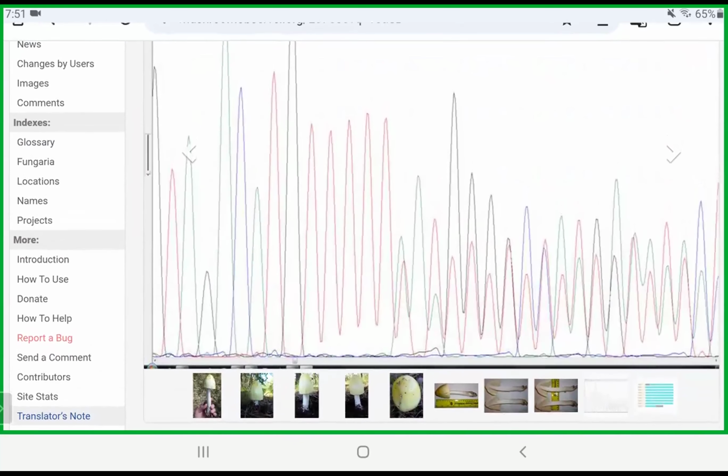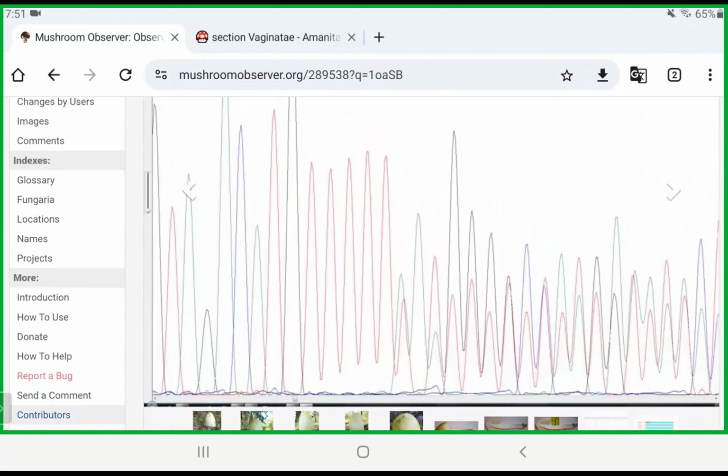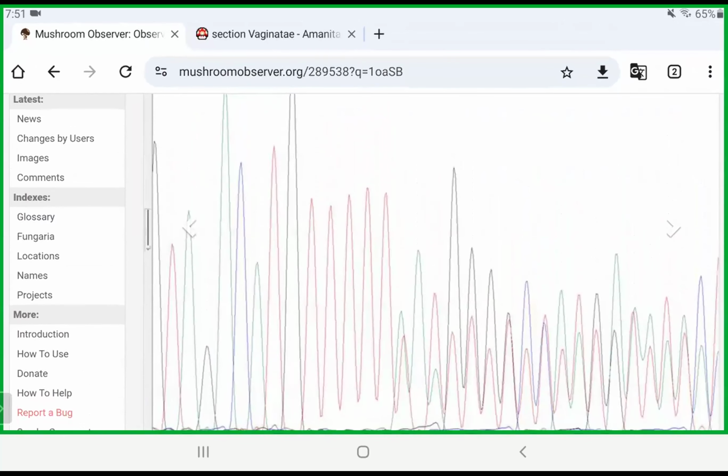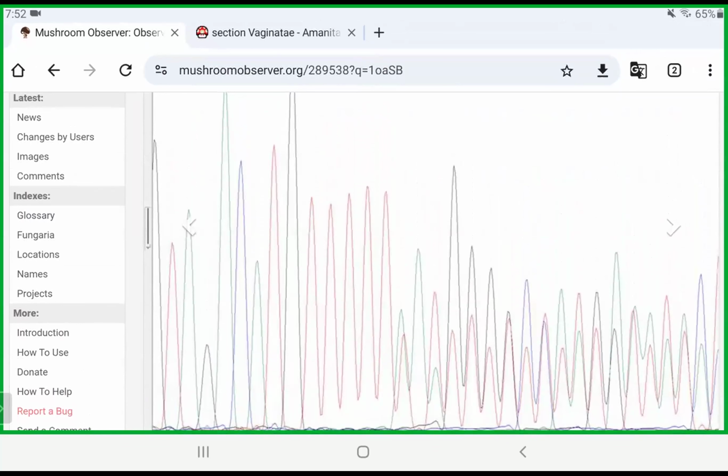You can see that we have a single set of peaks on the left, and then all of a sudden you get double peaks. And this is because one of the copies of ITS inserts an extra character. So one of them has an extra T. Red peaks are T's, so you see there's one extra red where there's a green.